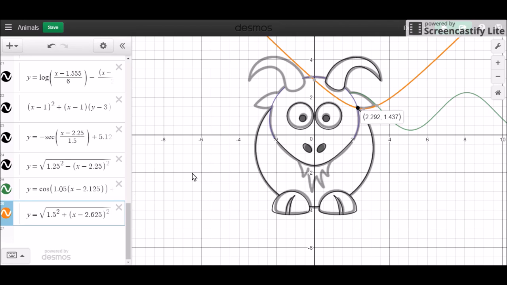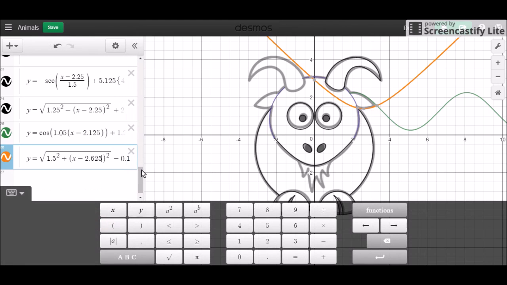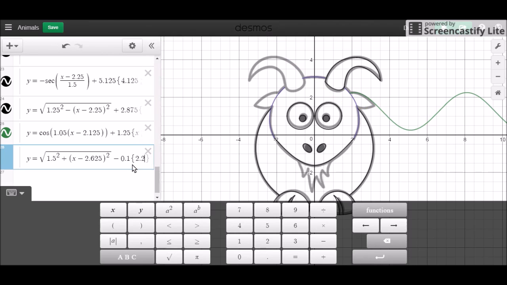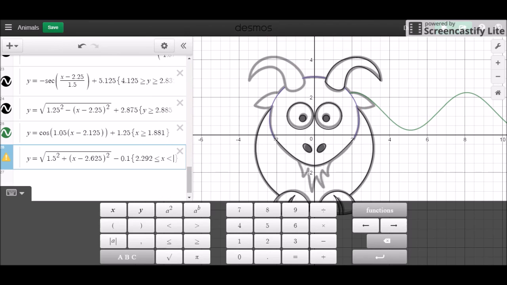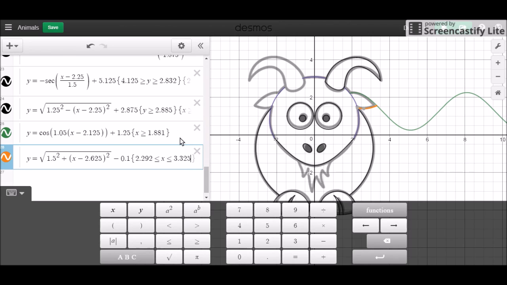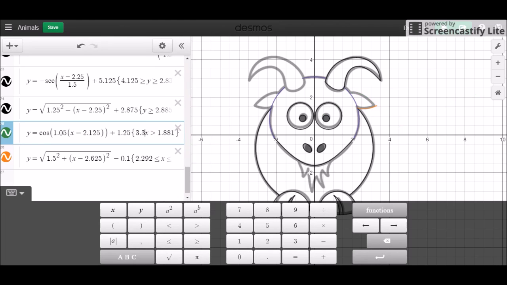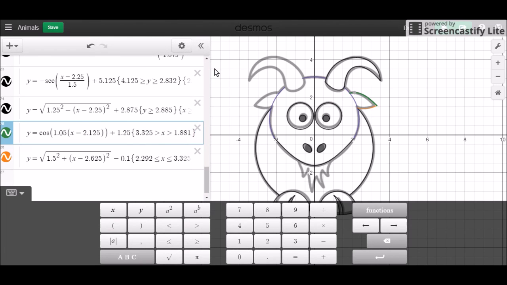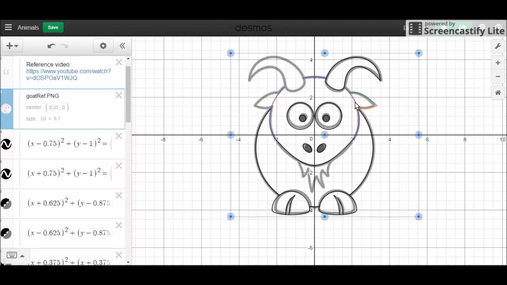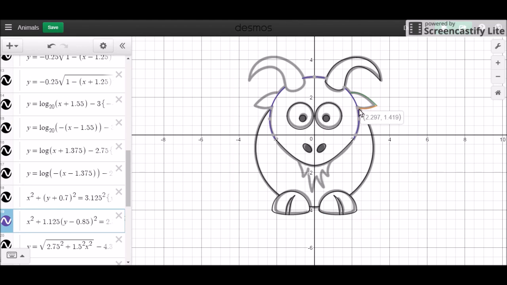So we'll go from 2.292, and that's going to touch this at 3.325. That's here. And over here, we're going to need the y values again. So this has a y value of 1.437.